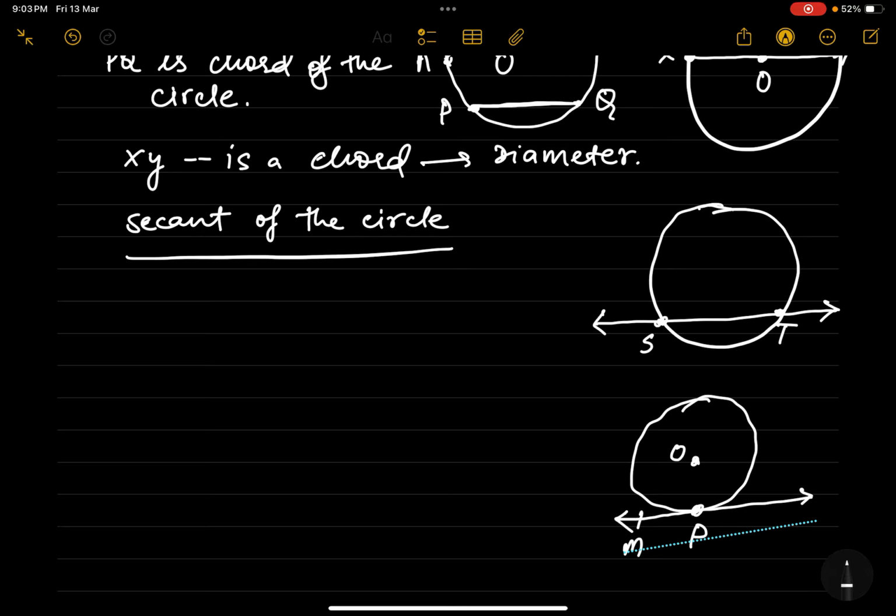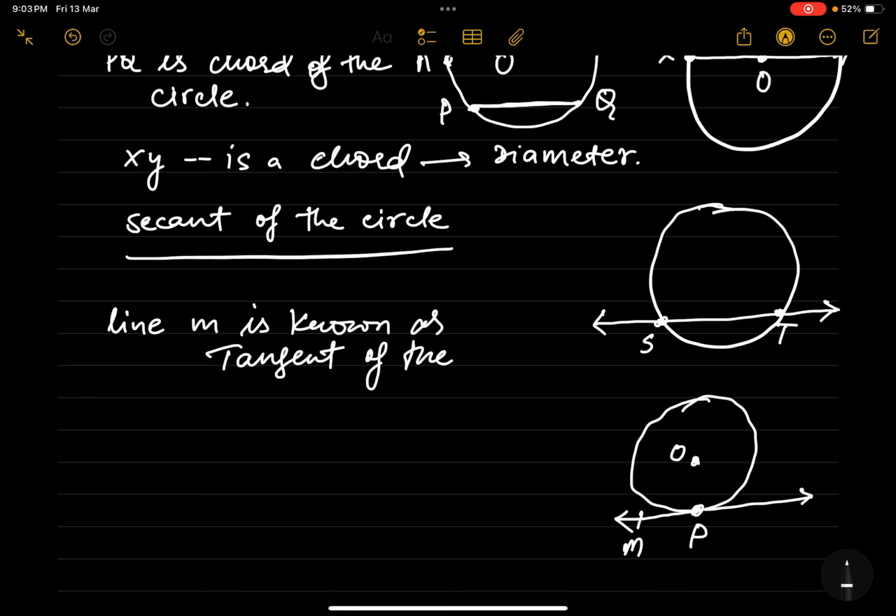This line M is known as a tangent of the circle. So when a line touches a circle at a single point, we can say that the line is a tangent of the circle, or tangent to the circle.